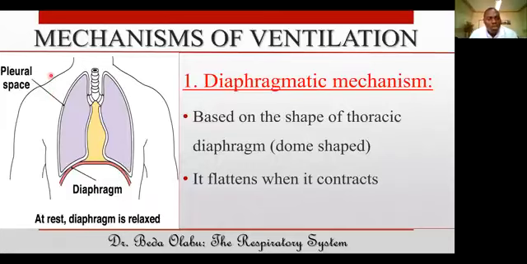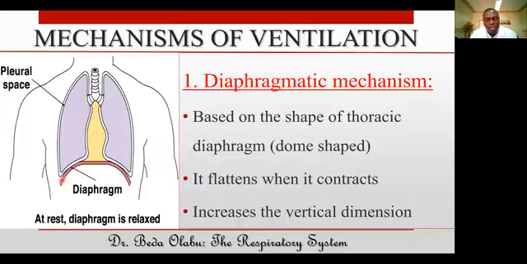Okay, so I hope you've already had something in your mind. The dimension is the vertical dimension. Because this is what happens. If this muscle contracts, it will lie somewhere here. So when it lies somewhere there, it means we'll have increased the distance from here to there, the original, up to somewhere there. So the diaphragmatic mechanism increases the vertical dimension of the chest cavity.